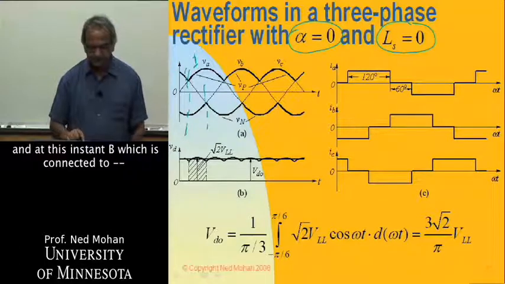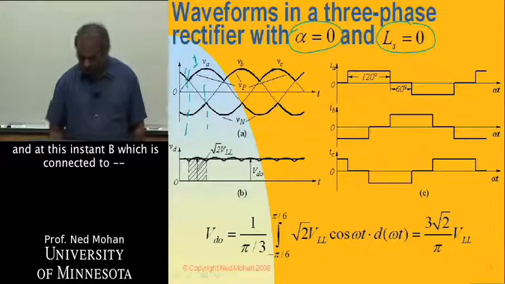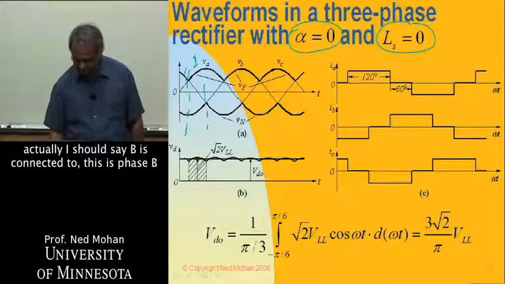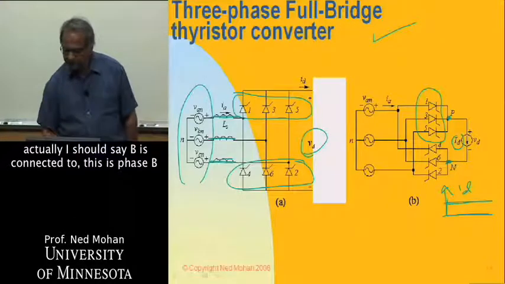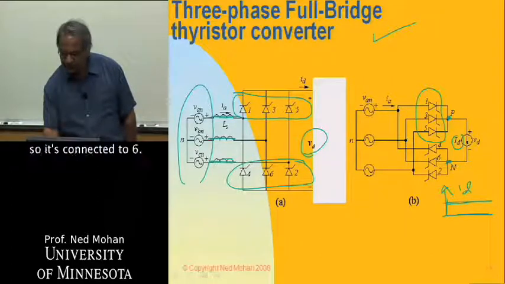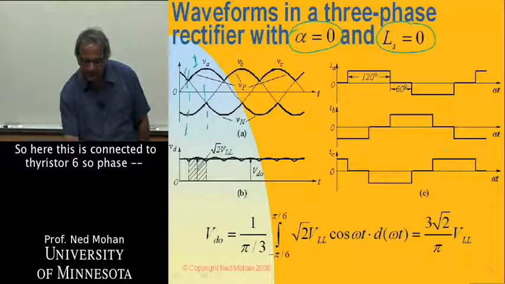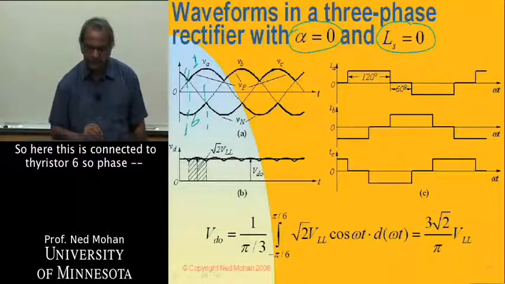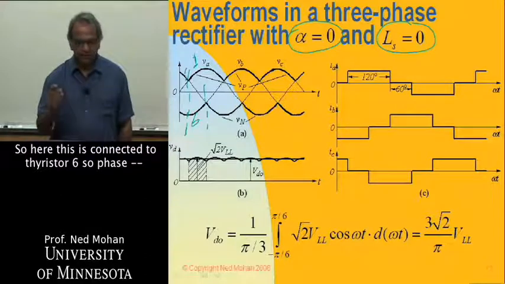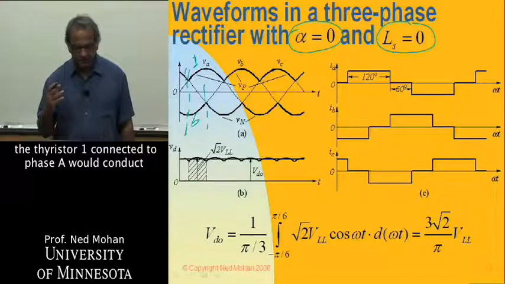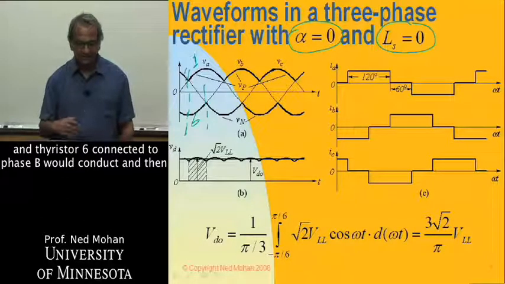And at this instant, this is phase B, so it's connected to thyristor 6. So thyristor 1 connected to phase A would conduct, and thyristor 6 connected to phase B would conduct.